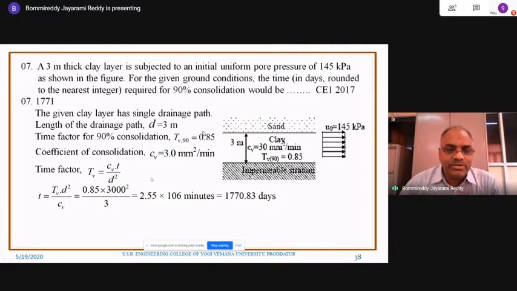With all these parameters, the relation is Tv equal to Cv into t by d square. So substitute all the values, only t is the unknown. You will get t in minutes and finally convert it into days. So once you get 1770.8 days, the answer must be rounded off to the nearest integer. So you must use either 1770 or 1771 as the correct answer.